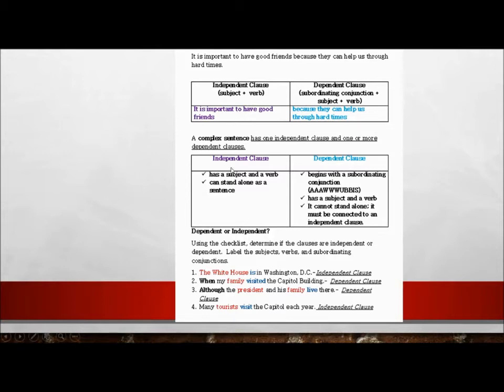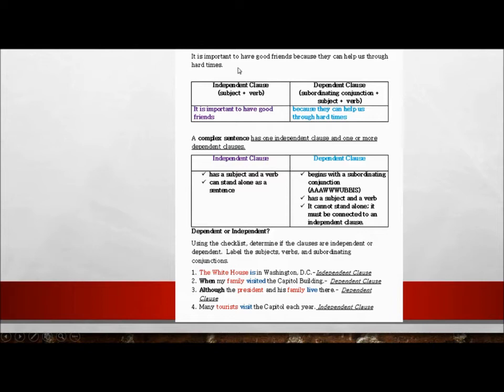So, don't forget that what we just went through shows you the different components of a complex sentence. Remember, a complex sentence would include an independent clause and one or more dependent clauses. So you were just able to identify an independent clause and a dependent clause.